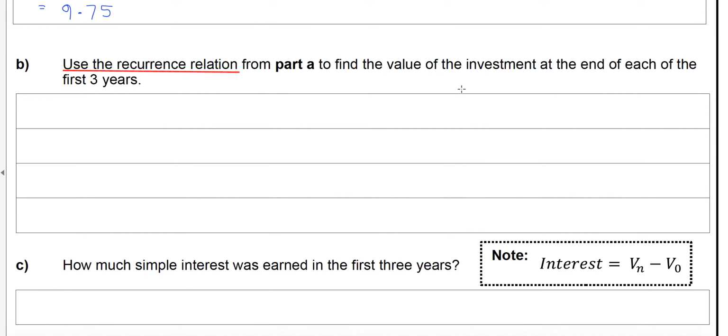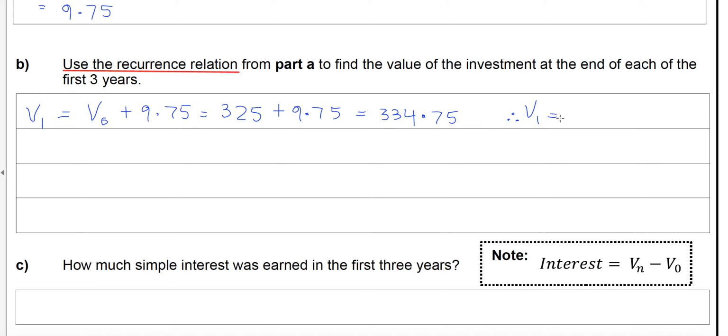So just like what we looked at in the last video, I'm going to show workings. So to get the next value, I need to take V0 and add 9.75. So this is 325 plus 9.75, and we get 334.75. So that's at the end of the first year.